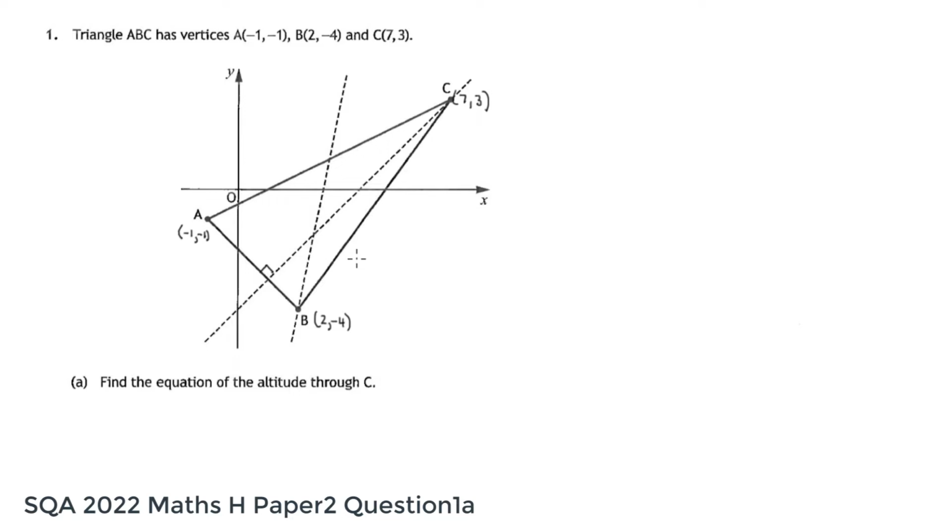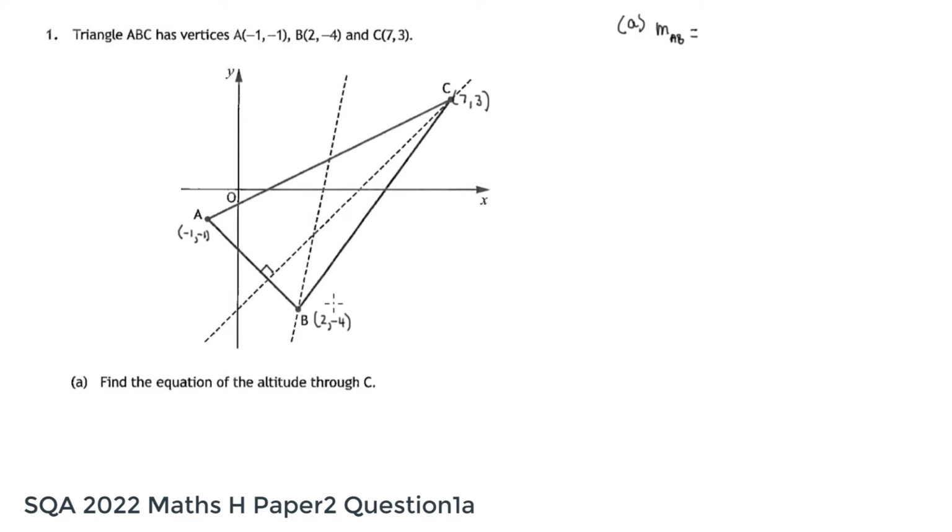Remember, there's a wee result that when you multiply the gradients of two perpendicular lines, you get -1. So we know a connection between the gradient of AB and the gradient of the altitude that we're trying to find the equation of.